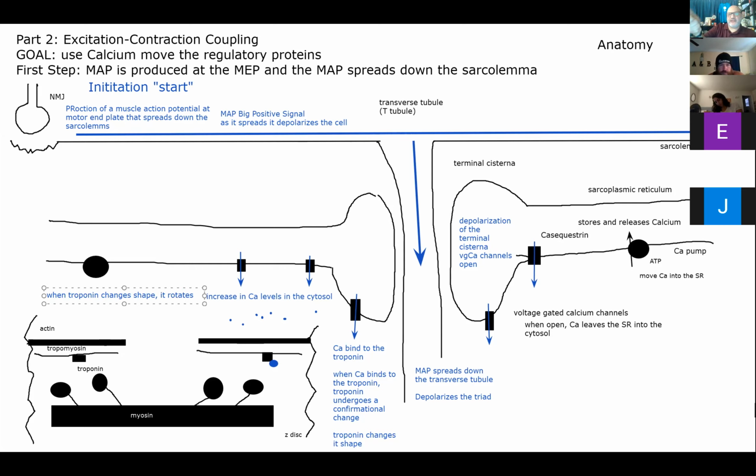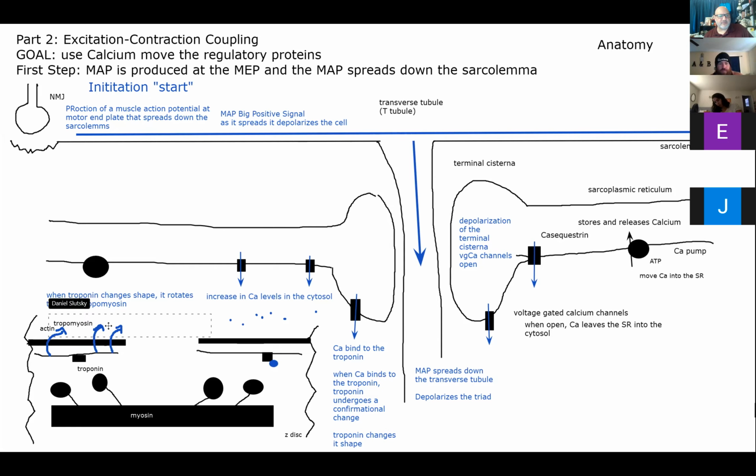And when it rotates, basically it turns the tropomyosin. So basically what happens here is that when the troponin changes the shape, the tropomyosin is rotated off of the binding site.